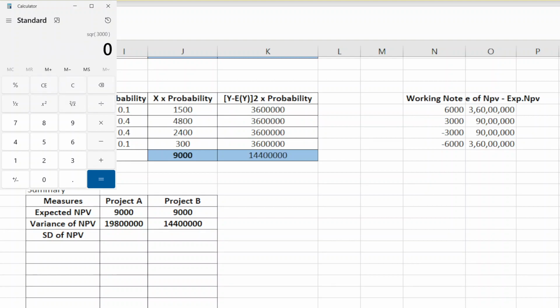Yeah, project A, how much? 1 crore 98 lakh, right? Just a minute. Sometimes it actually checks your patience level.